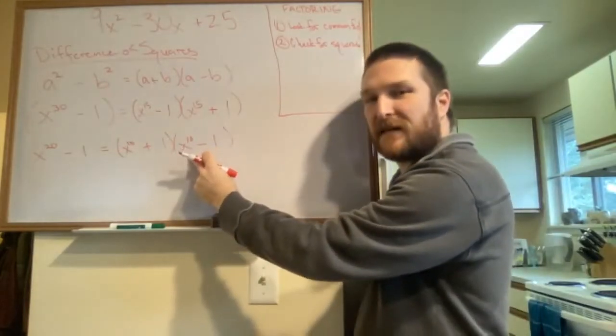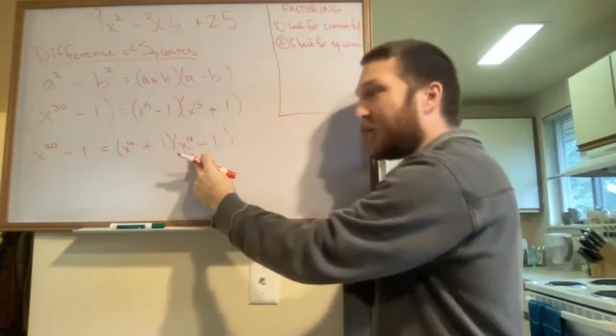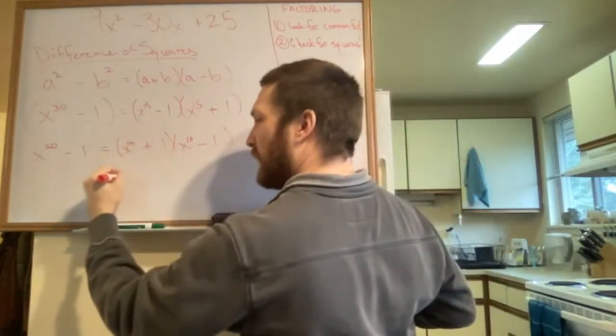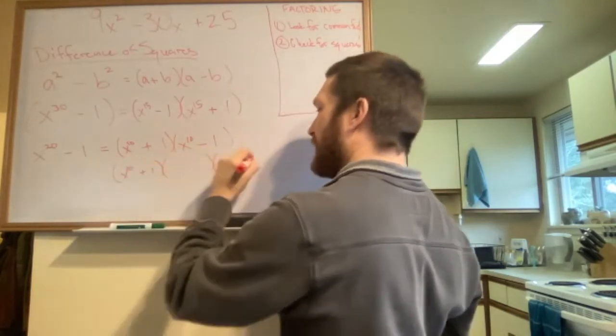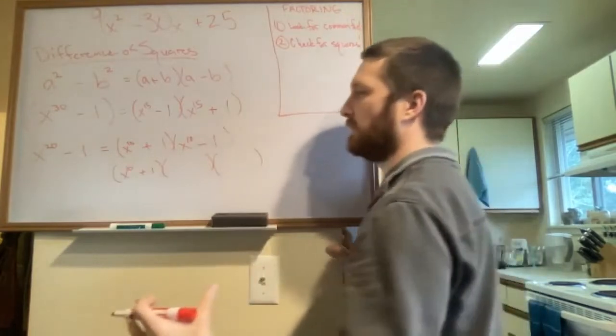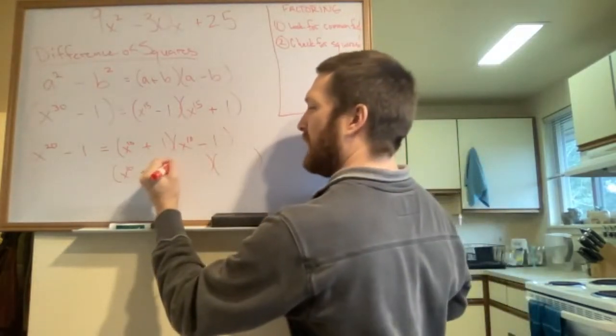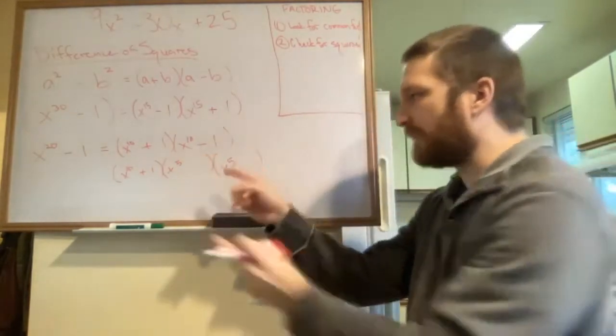Can we take half of 10? Yes. Yeah, we're not done, are we? We could rewrite this. This guy breaks down into 2 things. Half of 10 is what? 5. So x to the 5th in each case. And then I just double check and say, yeah, first, outer, inner, last.